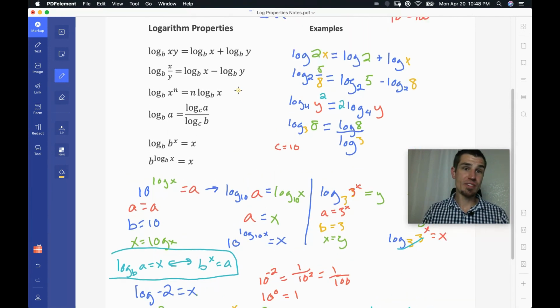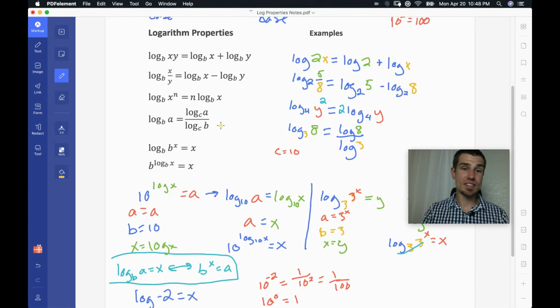So if you ever see any of these situations where instead of log base b of xy, you had natural log of xy, the exact same property holds true. Natural log of xy would just be natural log of x plus natural log of y. So really, we can call these natural log or logarithm properties because they're kind of the same thing. Just remember, the letters might be different. You might see log or natural log, but the rules are all the same.